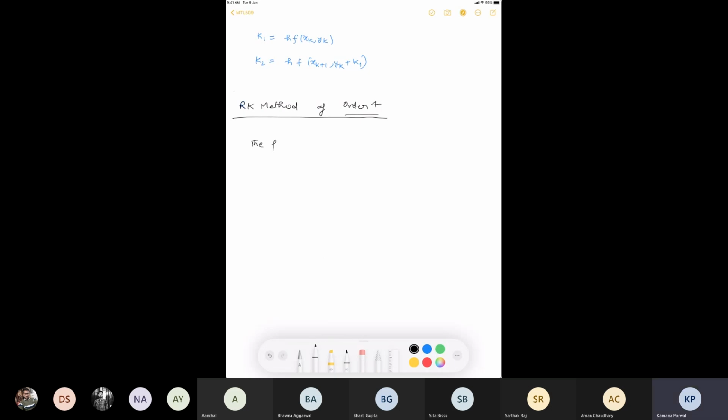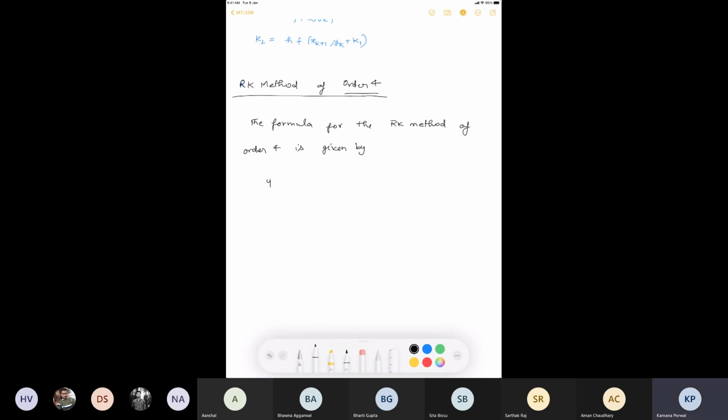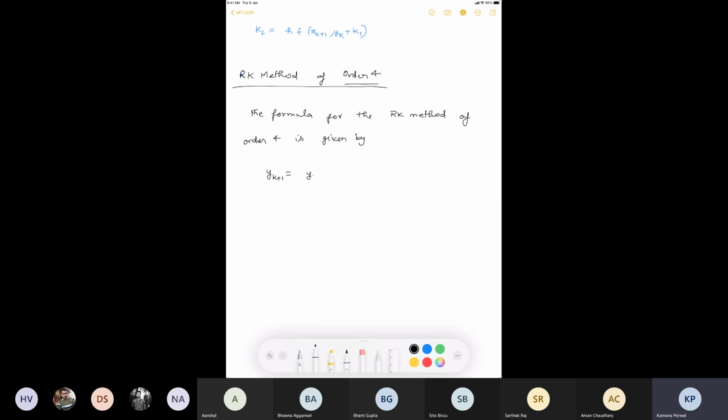The formula for this method is given by the following. Again we want the approximation of the exact solution y at x_{k+1}, which is y_{k+1}, and it is given by y_k plus 1 by 6 times k1 plus 2k2 plus 2k3 plus k4.